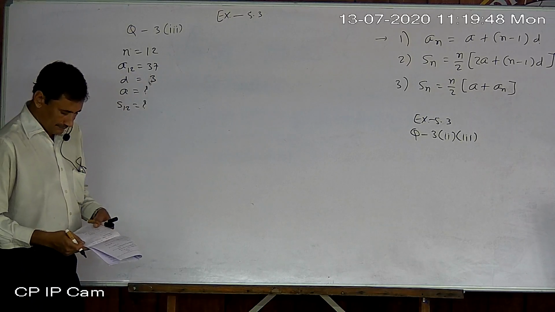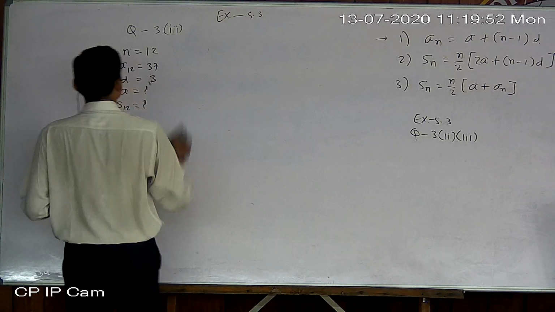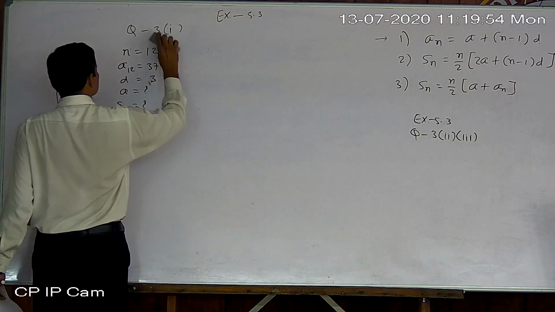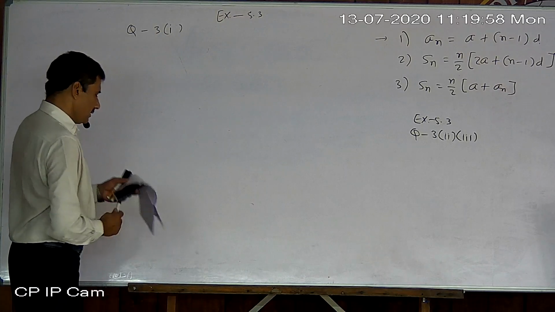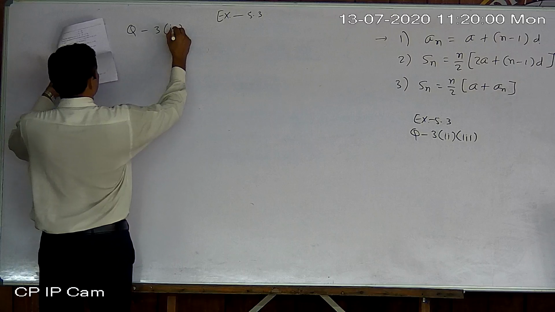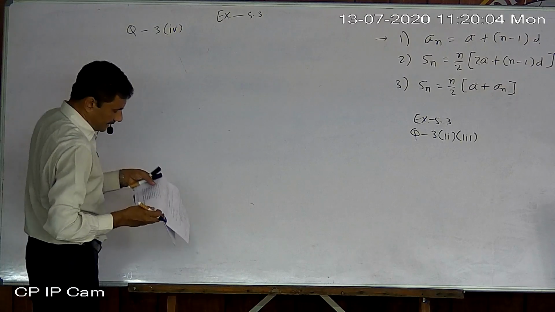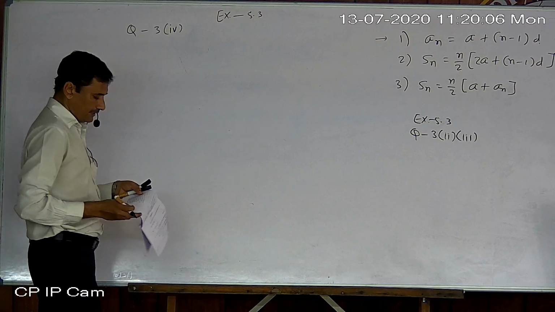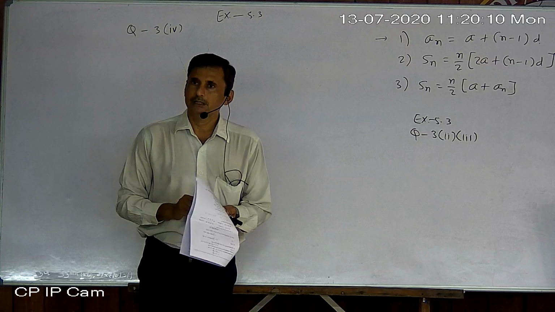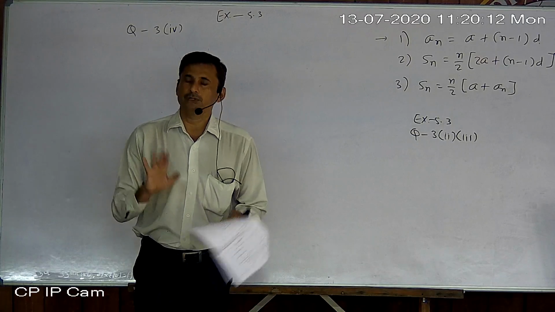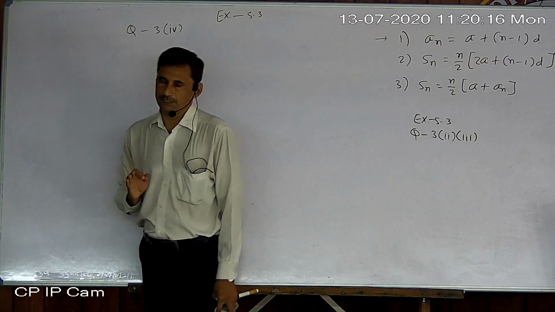Now look at number 4. a3 equal to 15 and S10 equal to 125. So here no a, no d, not given a, not given d. And understand one thing properly.